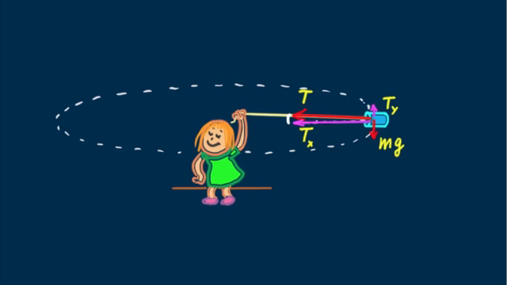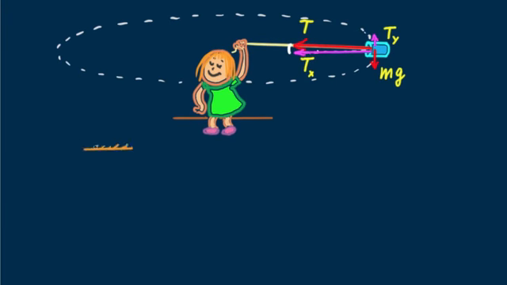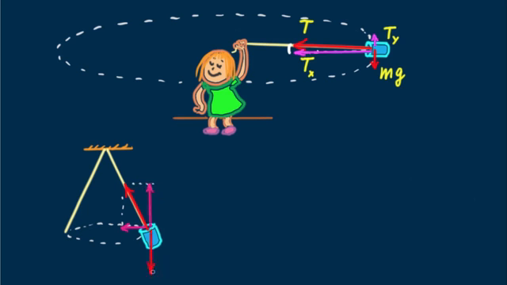As said, the horizontal component supplies the needed centripetal force, and the vertical component equals the magnitude of mg. This is particularly important when the tension vector is even farther from the horizontal, like in this conical pendulum. That's yum too.